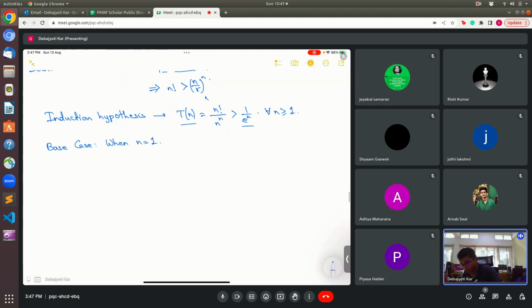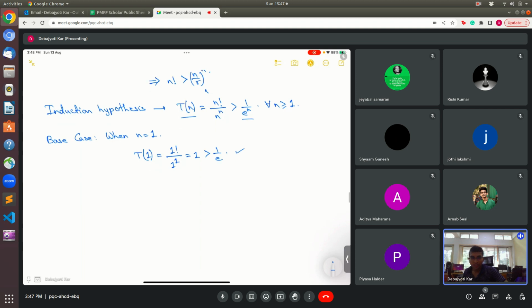When n is equal to 1, this inequality is trivially true. The LHS is 1 and the RHS is 1 by e. So 1 is more than 1 by e, and this is fine. Now let's assume this to be true for n.